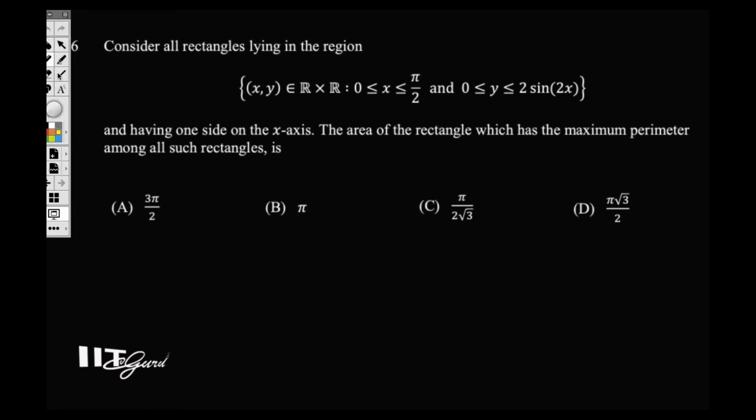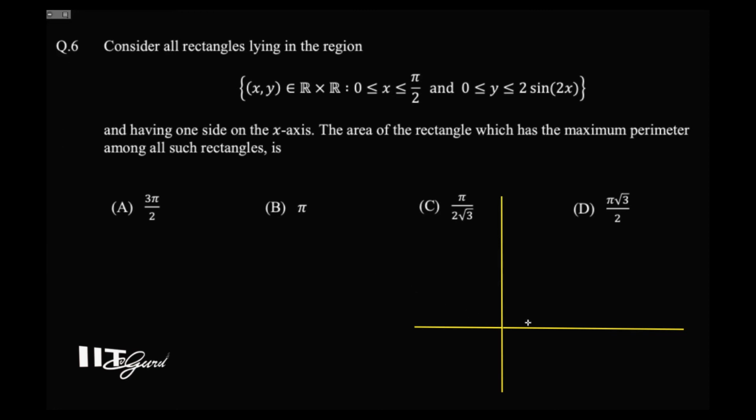So better to draw the graph here. Let this be the x-axis and this the y-axis. Now draw the graph of y equal to 2 sine 2x. So the graph goes like this.